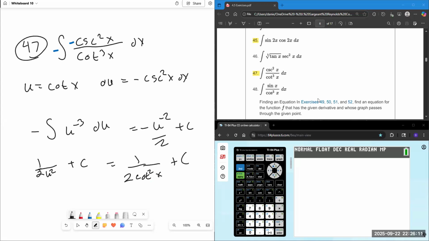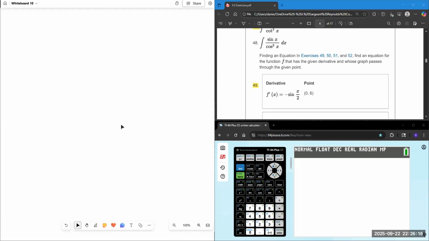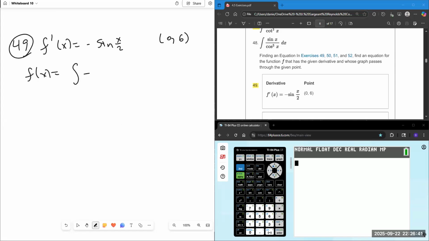So now at 49. 49 asks us to find a particular solution by solving for the constant c. So if f prime of x is equal to negative sine of x over 2, and f of x contains the point 0, 6, then f of x is the integral of negative sine x over 2 dx.